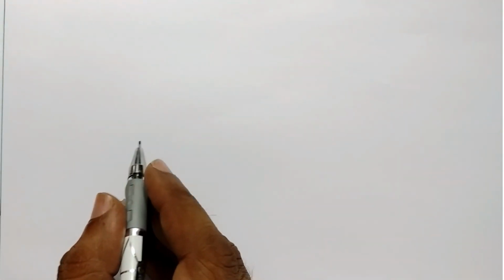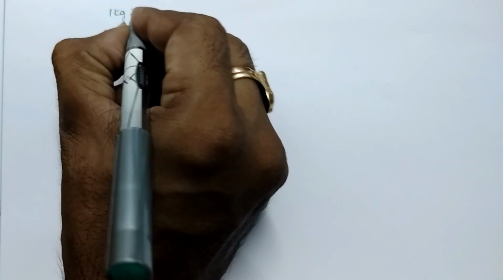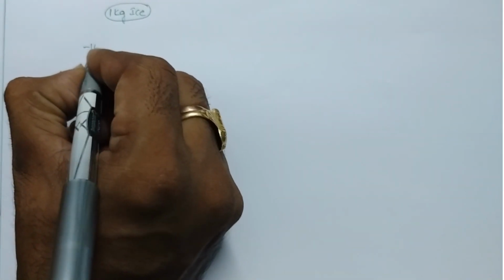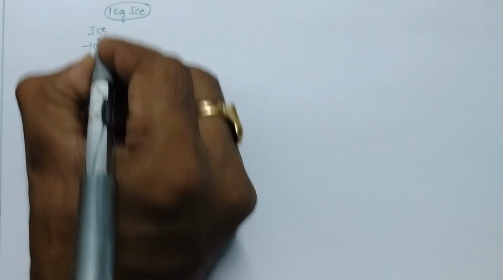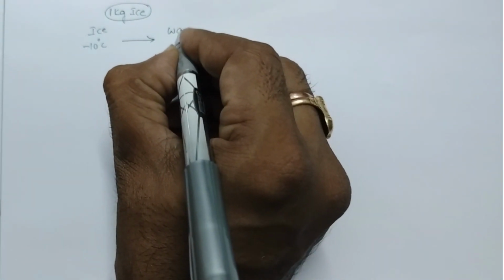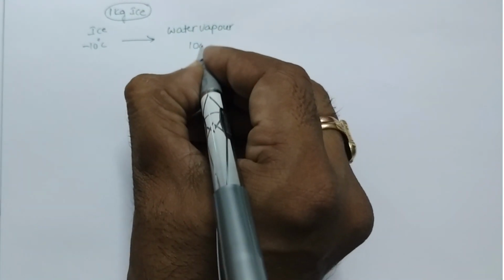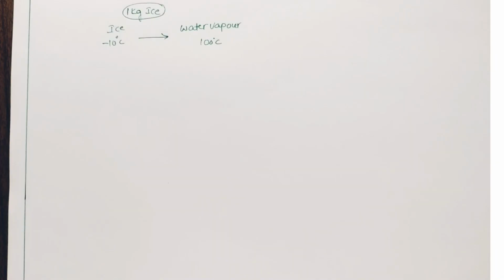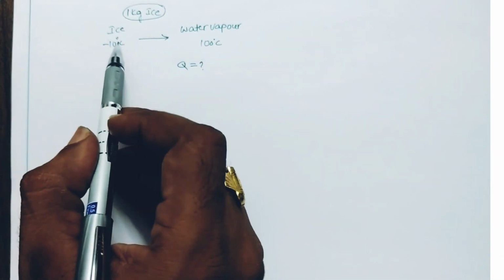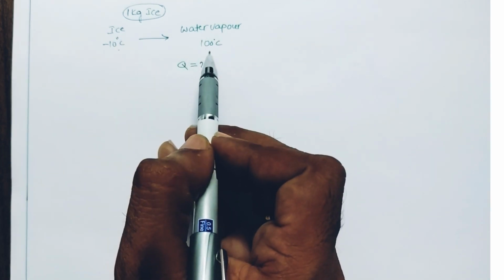In this problem, it is given that here is 1 kg of ice at minus 10 degrees centigrade, and it is converted into water vapor at 100 degrees centigrade. So we have to find out how much heat quantity is needed to convert ice at minus 10 degrees centigrade to water vapor at 100 degrees centigrade.